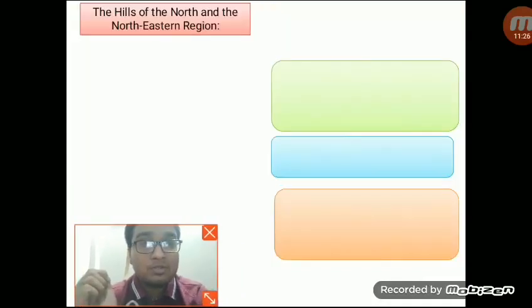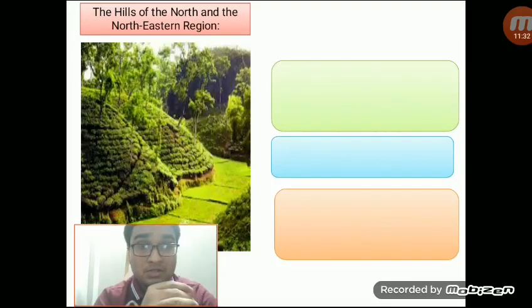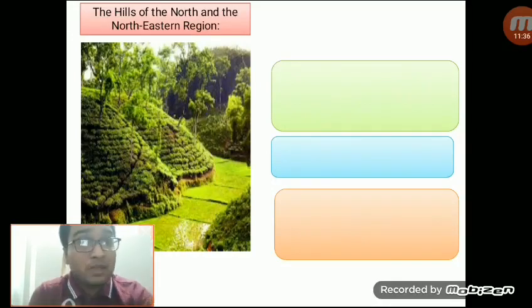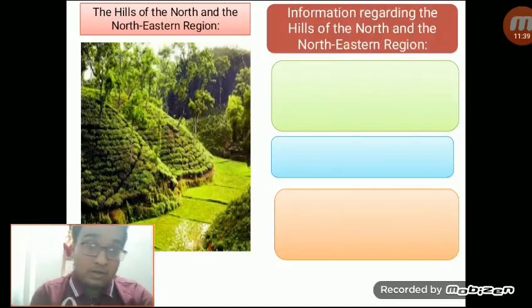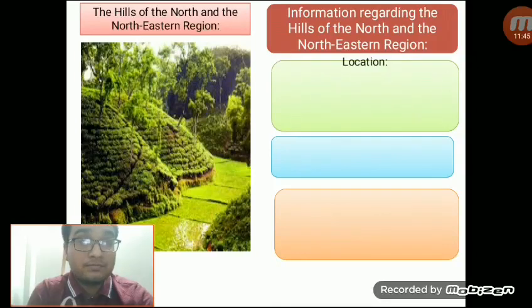Next, I am going to discuss the hills of the north and the northeastern region. At first, I am going to show a picture to you. So this is the picture of our beautiful Sylhet district. Now I am going to provide all of the information regarding the hills of the north and northeastern region. First of all, the location.